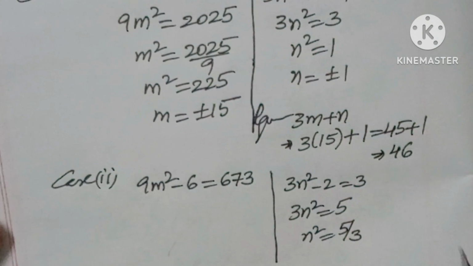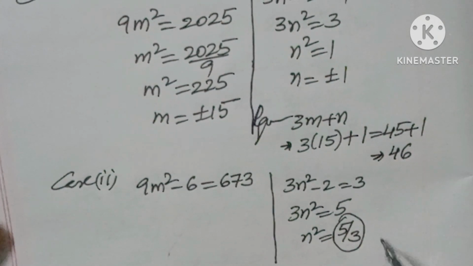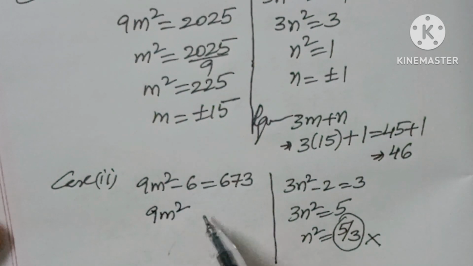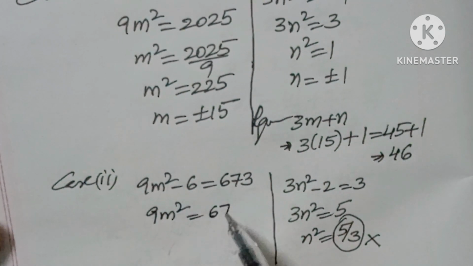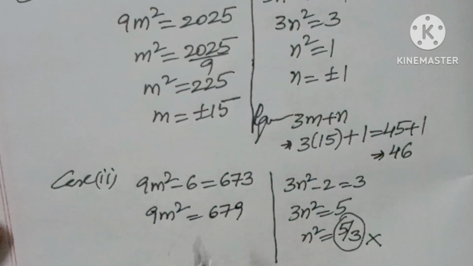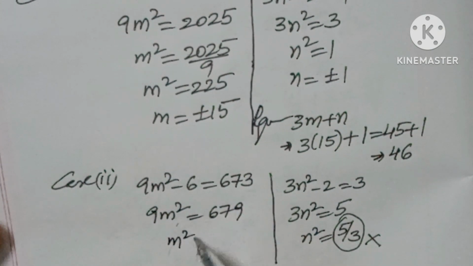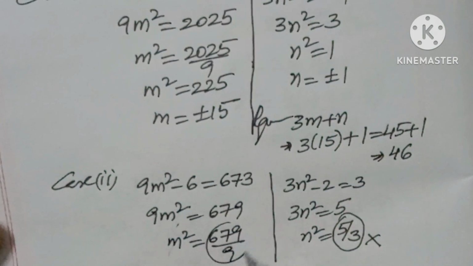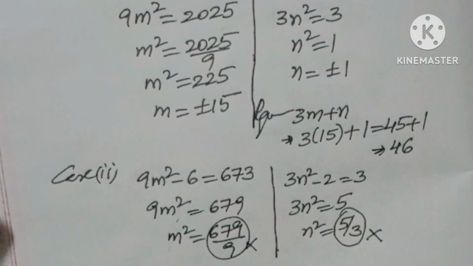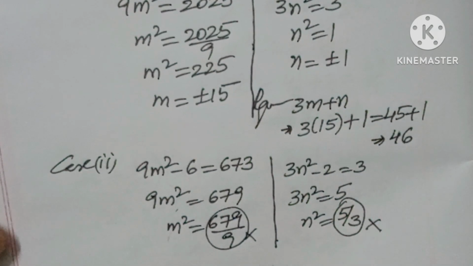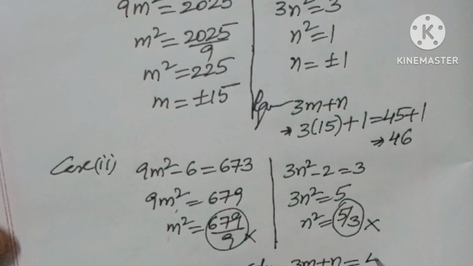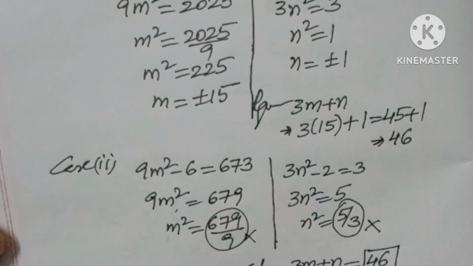Here you are not getting a square root value, so you are neglecting this. So here 9m squared is equal to 679, m squared is equal to 679 by 9, which is not a perfect square. Therefore, our solution is 3m plus n is equal to 46.